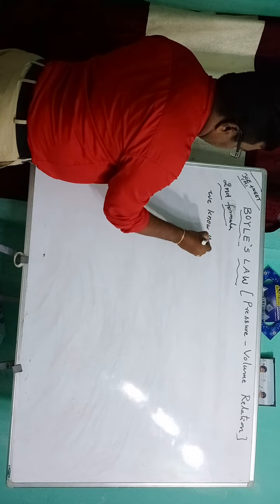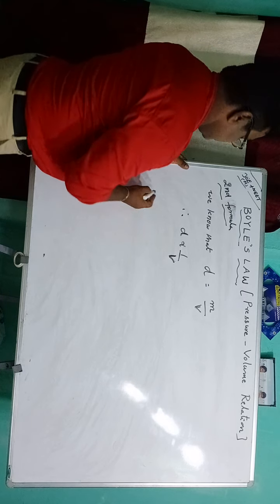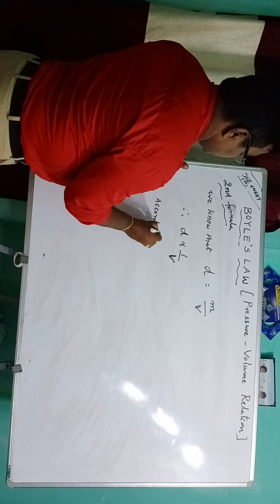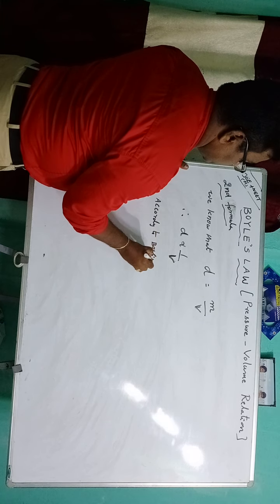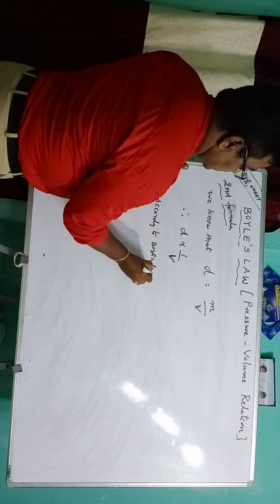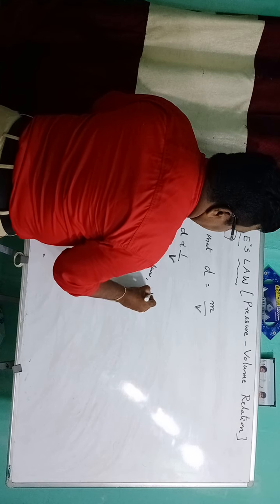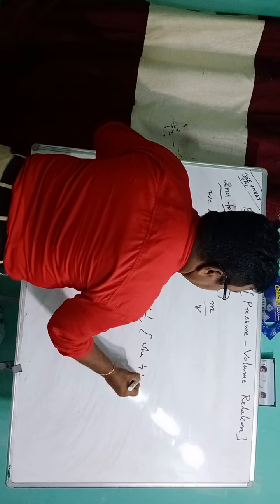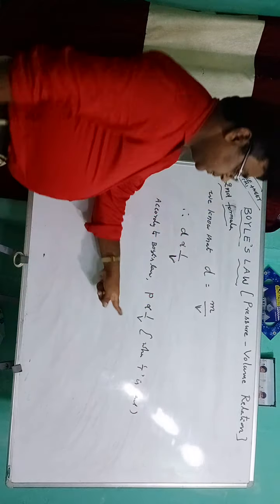So D proportional to 1 by V. But according to Boyle's law, we know that V proportional to 1 by P, or P proportional to 1 by V, where T is constant. So here this is 1 by V, and this is 1 by V. Let me take this as equation 1, and this is equation 2.